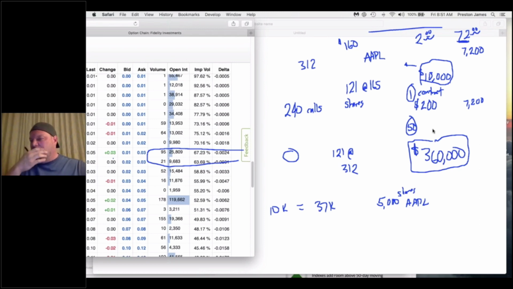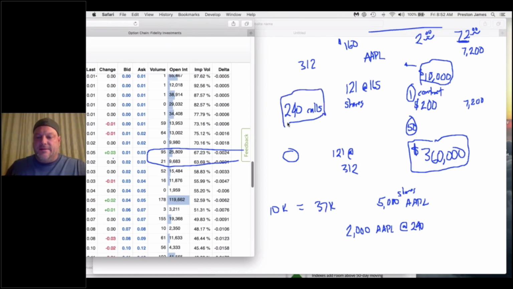We're just going to get a big, huge cash chunk there. And then I'm going to turn around with some of that capital and buy, because I have the right to do so, 2,000 shares of Apple at 240. Why? Because I have the right to do it, and I want to exercise my right.